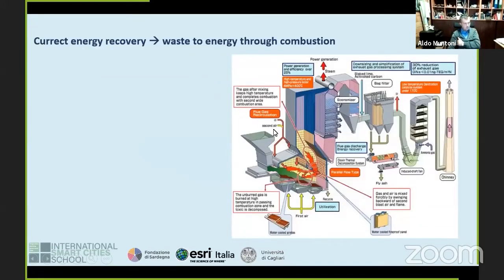And these European Union directives say that the only way to get energy from municipal solid waste was to apply the combustion of the residual waste. Okay, so the food waste is supposed to go to biological treatments. I'll be back later on this.